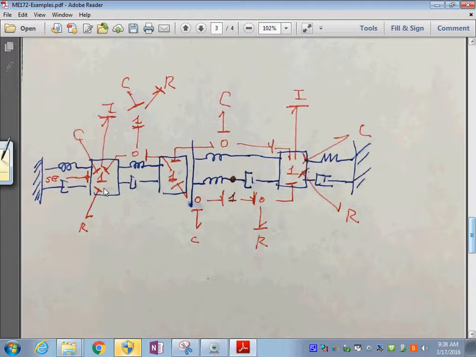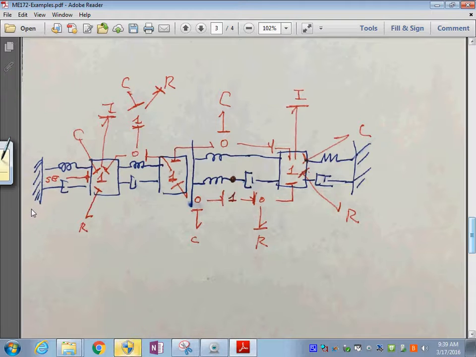So in here, you put the 1 here, the C and the R element in here. On this one, we need the I element. Where's the I element here? You see there's a little mistake in here. We need an I element right here, right there.